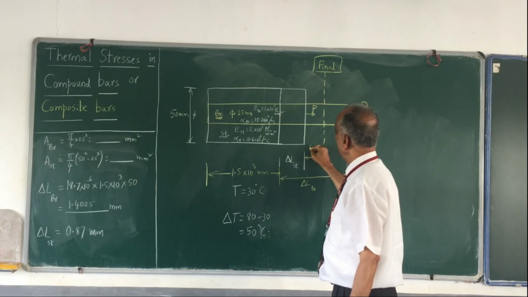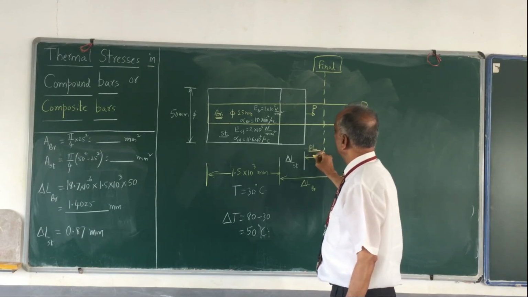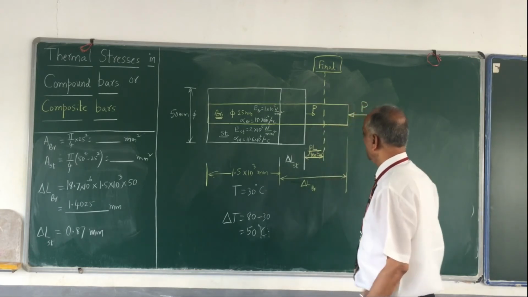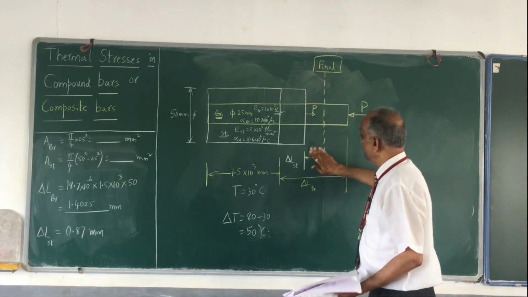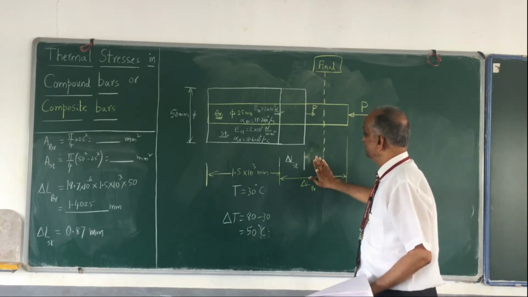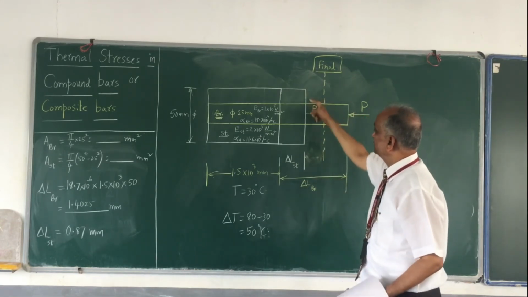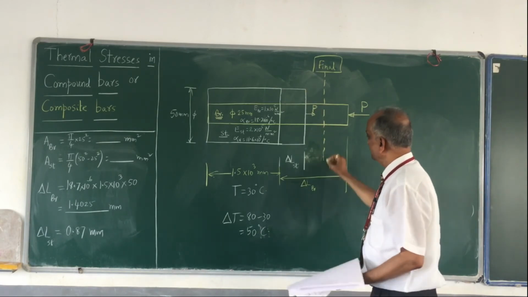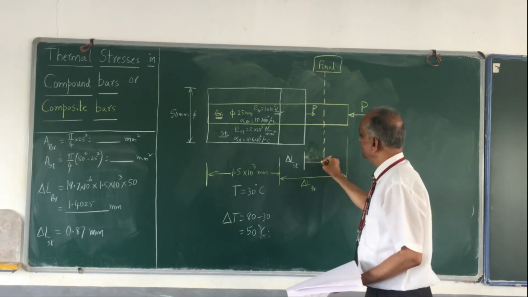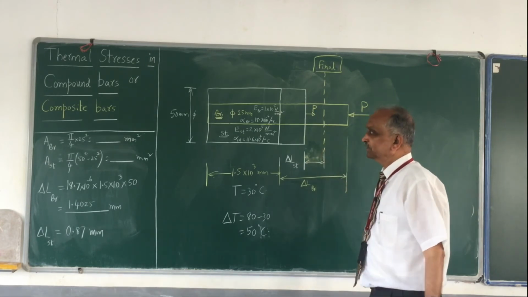This is P into L divided by area of the brass into E of the brass. Sorry, it is not the brass portion, it is the steel portion. This expansion, from here to here, is the expansion of the steel.